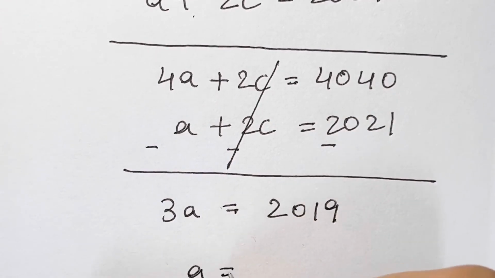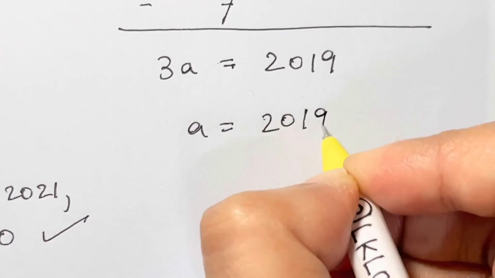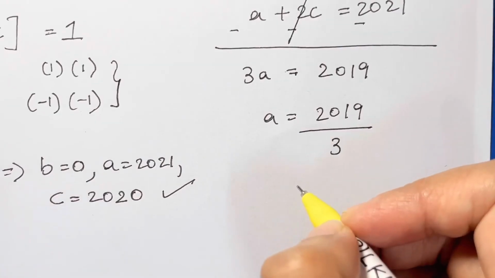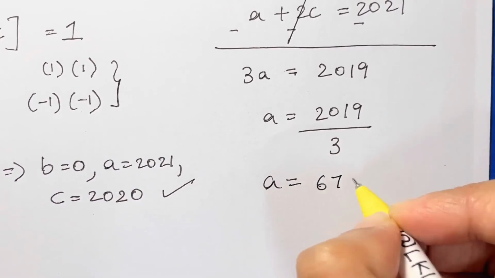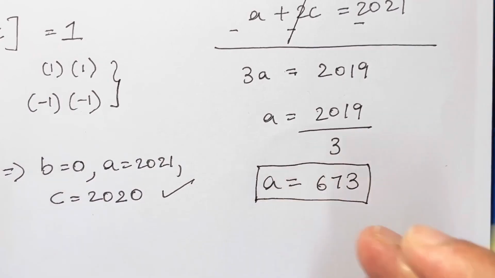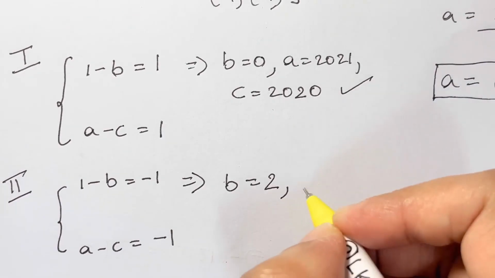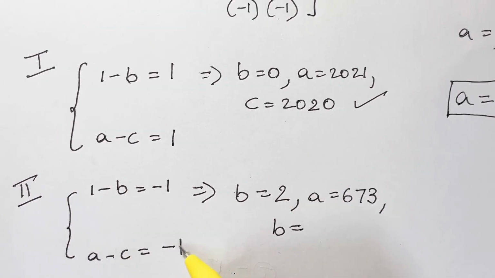So A is equal to 2019 divided by 3, which is equal to 673. Now we've got the value of A. So let's put it back. Here we have A is equal to 673 and A minus C equals negative 1.